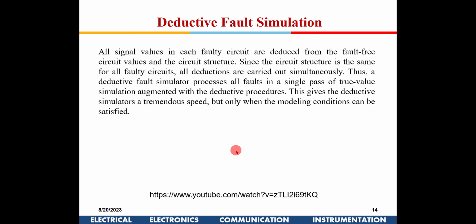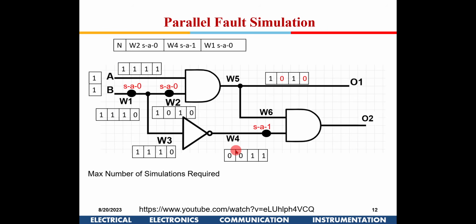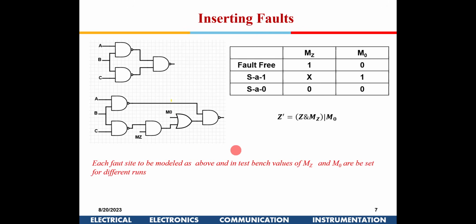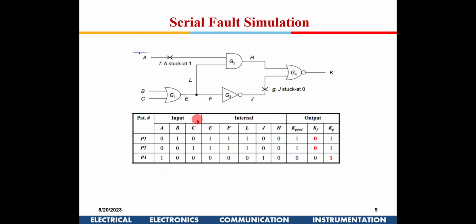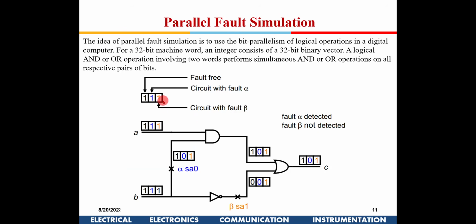In the two algorithms which we learned, in the first algorithm only one particular fault was being handled in one run. In the second run, a few more faults were handled based on the number of bits available in the CPU.